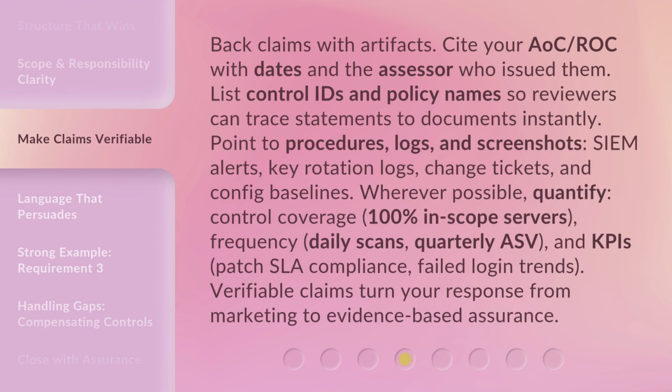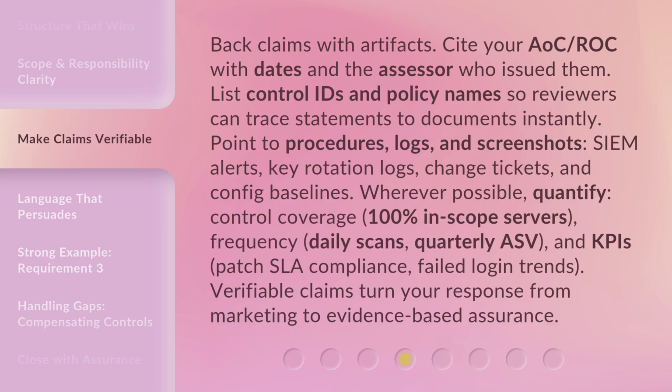Back claims with artifacts. Cite your AOC and ROC with dates and the assessor who issued them. List control IDs and policy names so reviewers can trace statements to documents instantly. Point to procedures, logs, and screenshots: SIEM alerts, key rotation logs, change tickets, and config baselines.